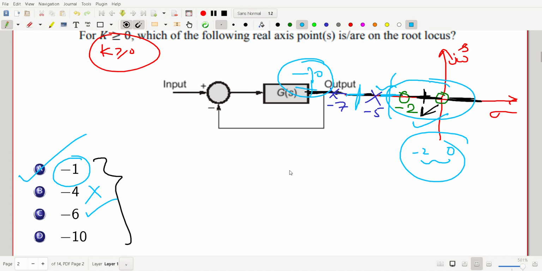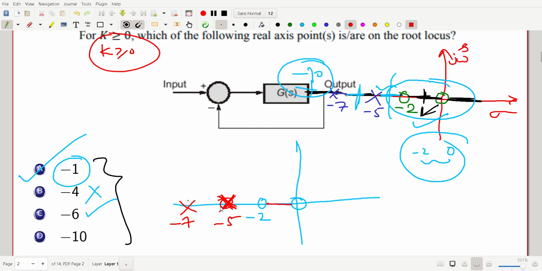Let us redraw this and highlight 0 to -2, which will lie on the root locus. -5 is our pole, let us draw a cross, and -7. So this branch and this branch will lie.